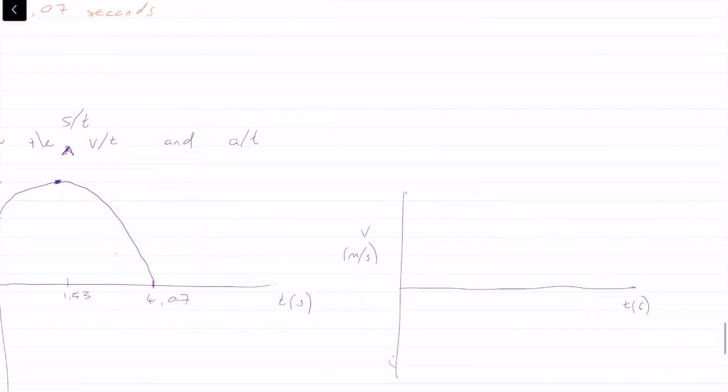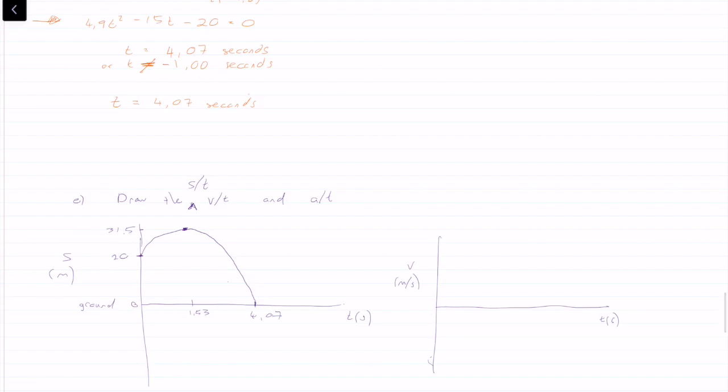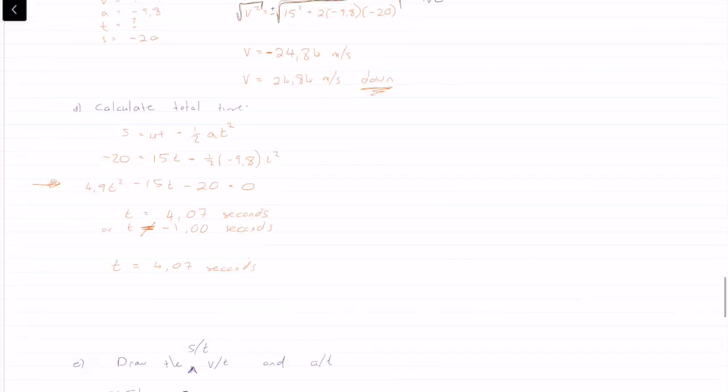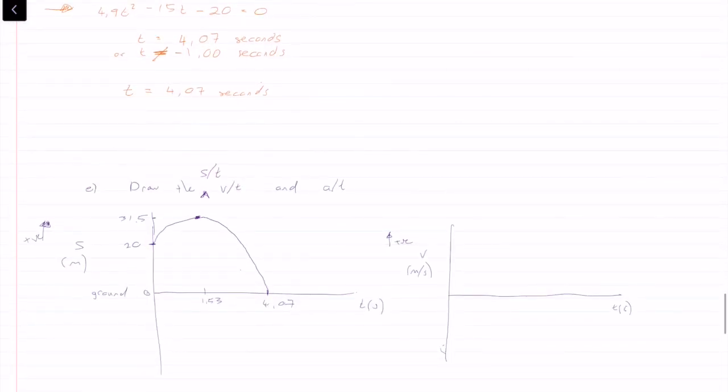Okay, then the next thing we need to do is look at the velocity time graph. In this place we've taken upwards as being positive, so I'm going to do the same for the velocity time graph. So we know that the phone starts off with a velocity of 15 meters per second.